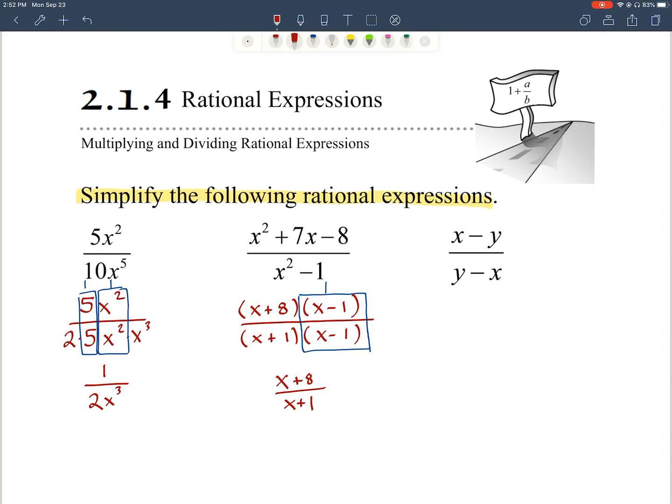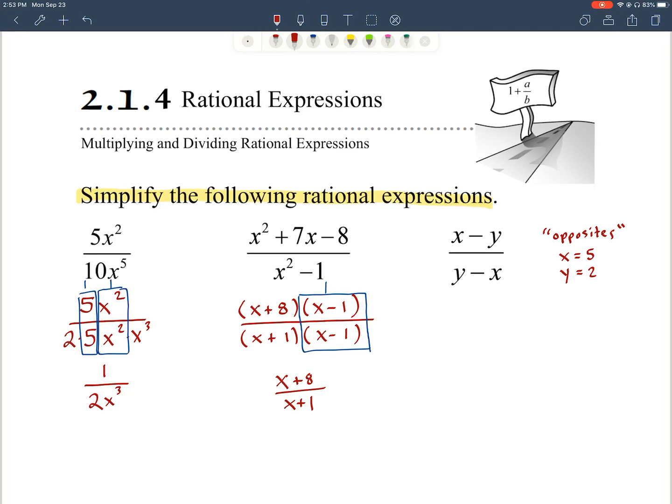The third one's really important to look at here. We have x minus y over y minus x. And we're looking for a way to describe these. These are opposites. And we can tell they're opposites if we gave them values. Let's say x was equal to 5 and let's let y equal 2.